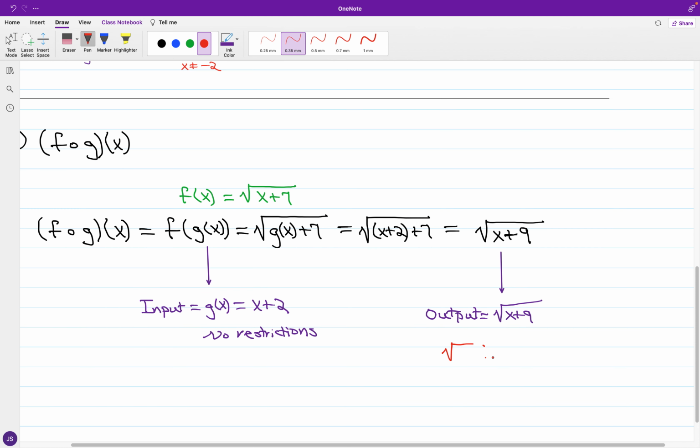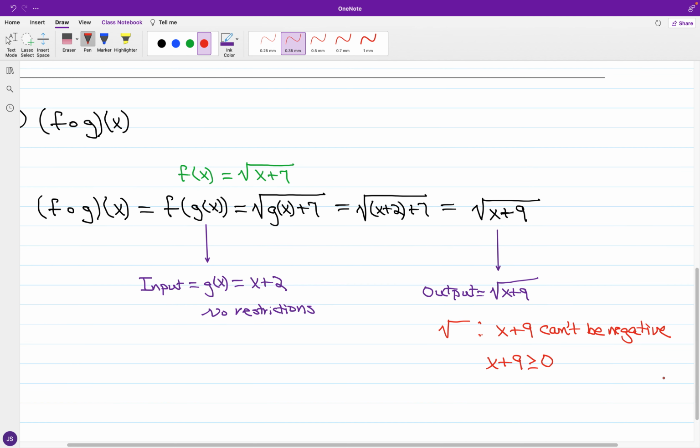And this time around, so we have with the square root, we have the x plus 9 cannot be negative. And it can be 0 or positive. So you have x plus 9 is greater than or equal to 0. And so you have x is greater than or equal to negative 9.